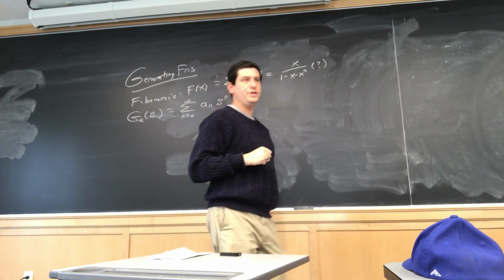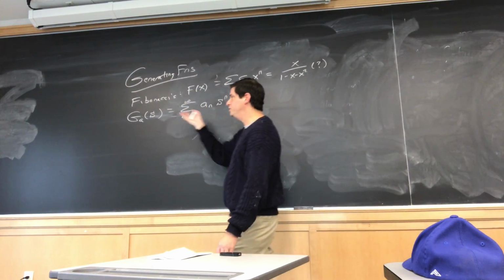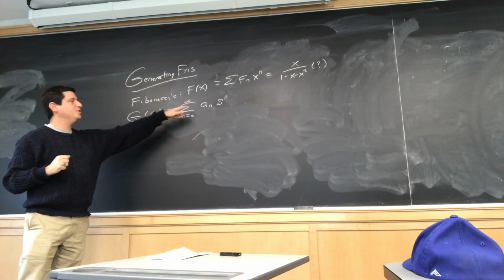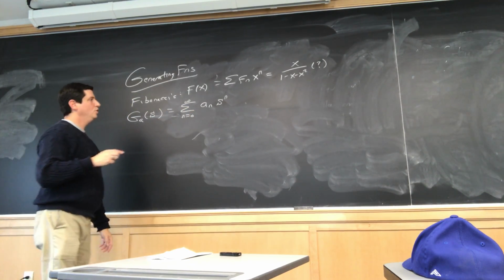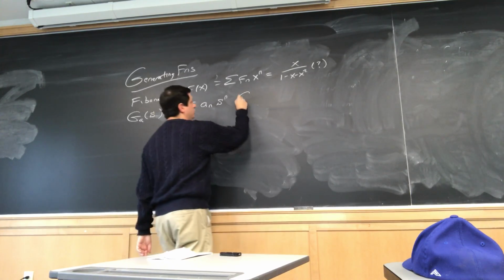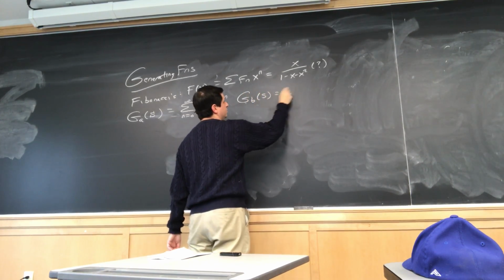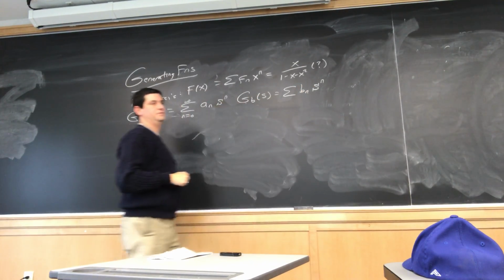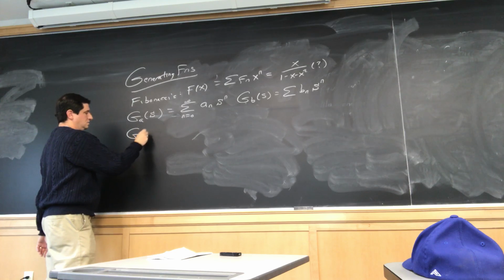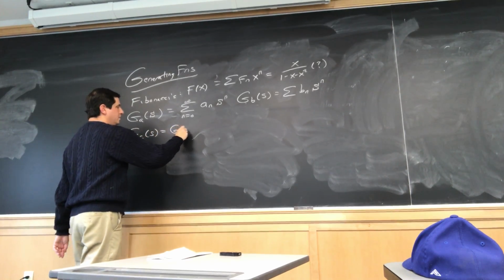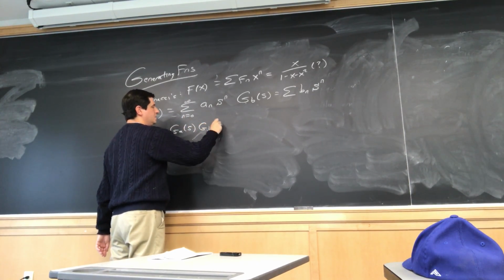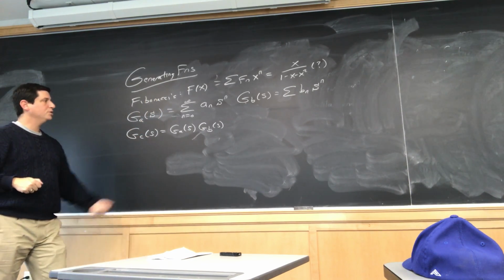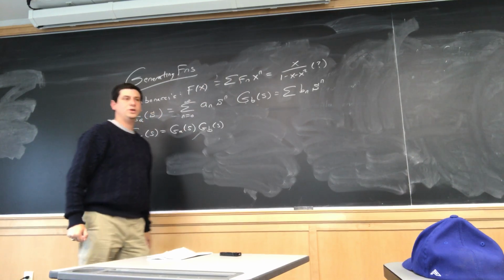There's a lot of different things we can look at. This is good notation. G stands for generating, and the A is because it's associated to the sequence A. We could look at G_B of s, which would be the sum of b_n s to the n. And then the thought is there should be some sequence c_n such that if we multiply these two, we'll get a new sequence.